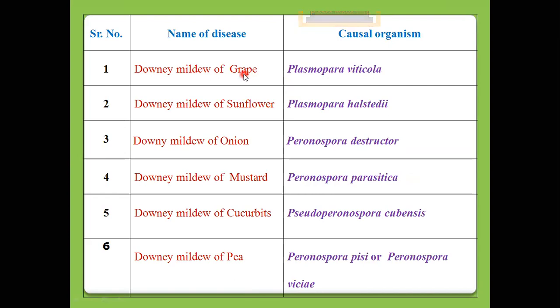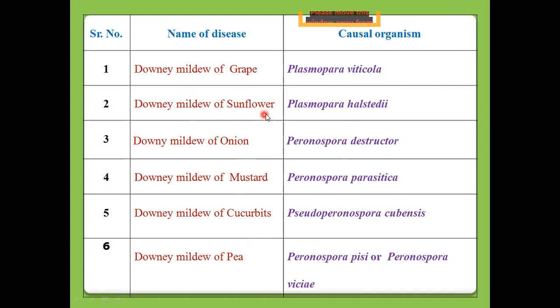Okay, so these are the pathogens responsible for producing such disease in fruit crops, field crops, and vegetable crops. For example, downy mildew disease of grapes caused by Plasmopara viticola.